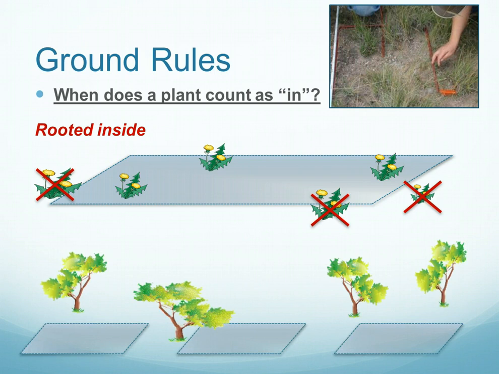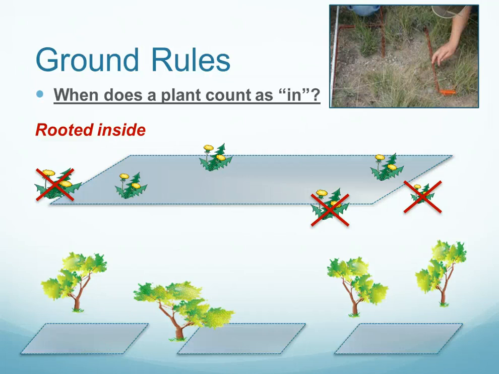Sometimes, though, there are plants in the environment that we are interested in being able to quantify, yet because of their size and the way that they grow, their life form, it may be unlikely that you would capture the base of the plant inside the plot.